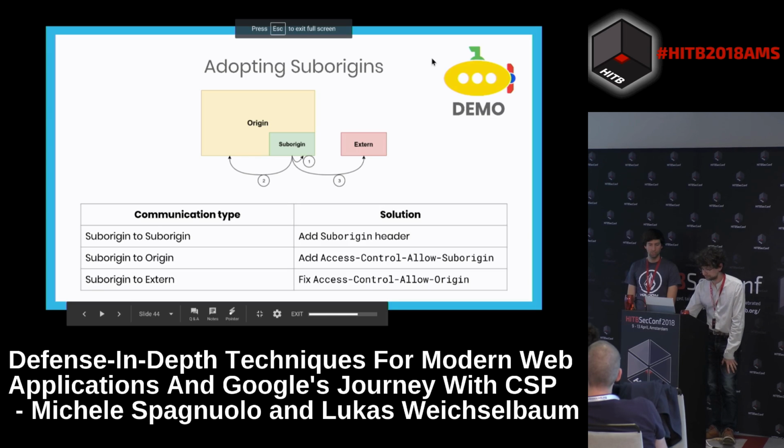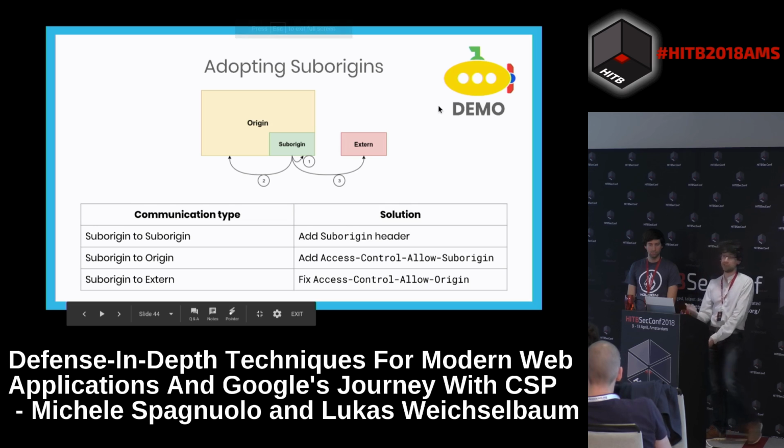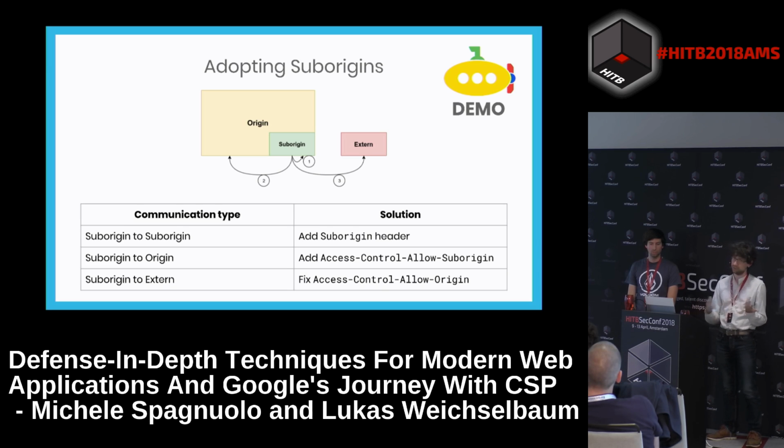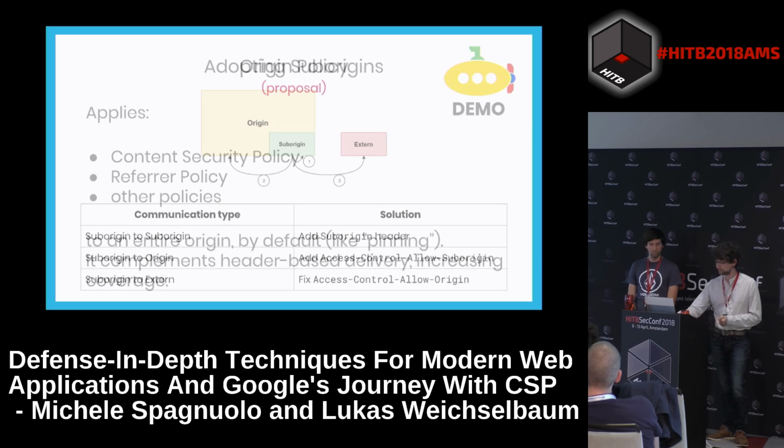And suborigins are being discussed by W3C, and there is some agreement on something, people agree less on other things, and we really hope to see this working and being implemented in browsers soon.